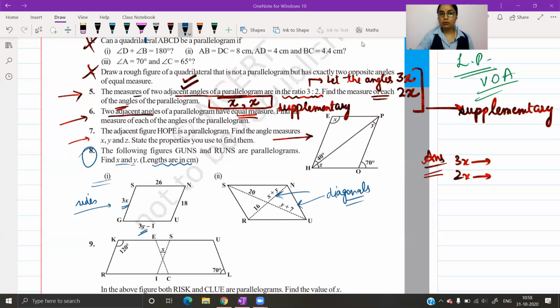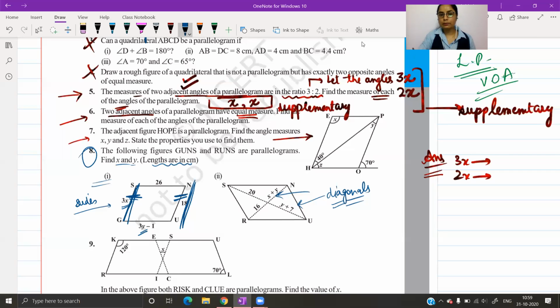For the first part, we will be applying properties for the sides of a parallelogram, whereas in the second part, we will be applying the properties for diagonals of a parallelogram. So what do you know about the sides of a parallelogram? Ma'am, UN is equal to SG. Yes, this side will be equal to this side. The opposite sides of a parallelogram are equal.